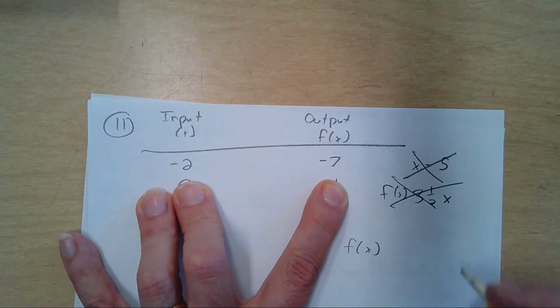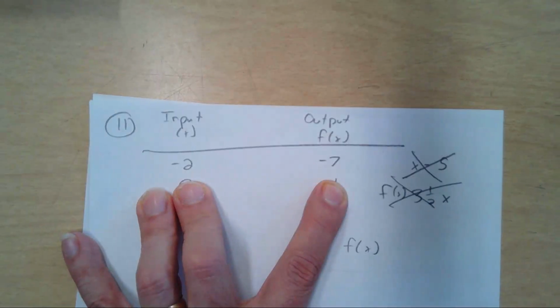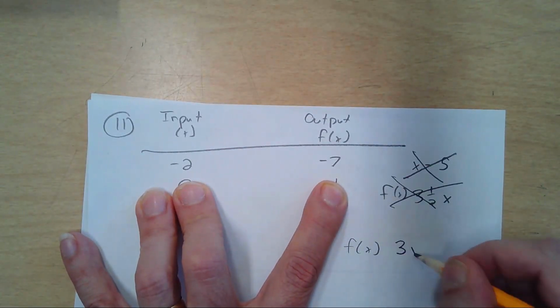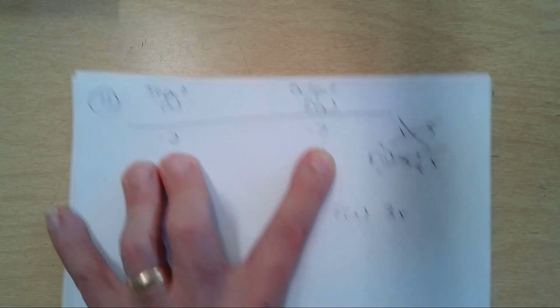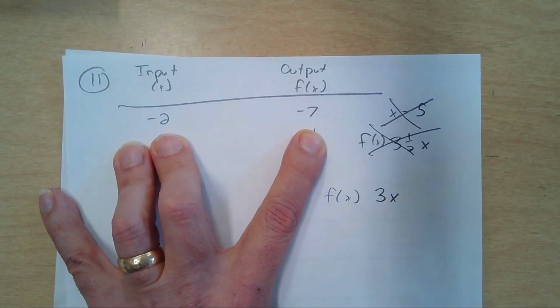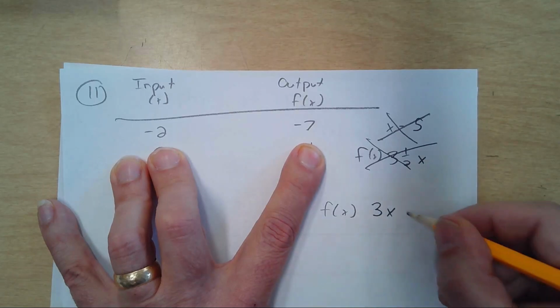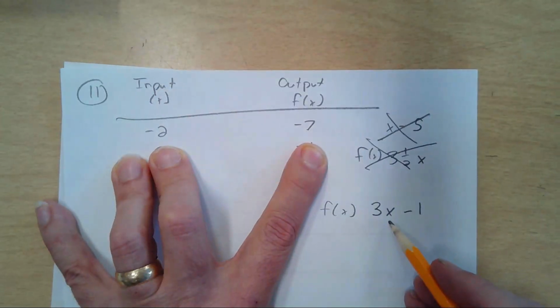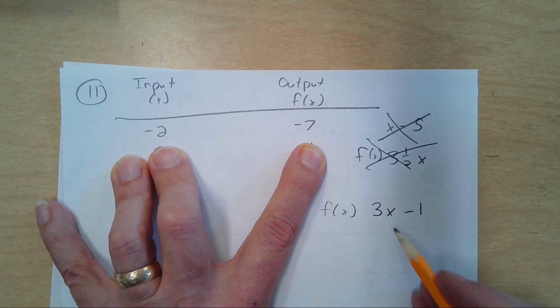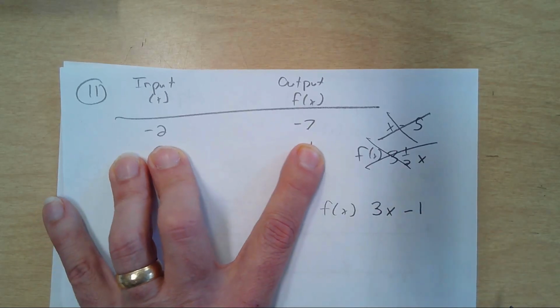What if I would multiply this by 3 first, and then what would I want to do? Not add 1. Subtract 1, because 3 times -2 would be -6. -6 minus 1, there's my -7.